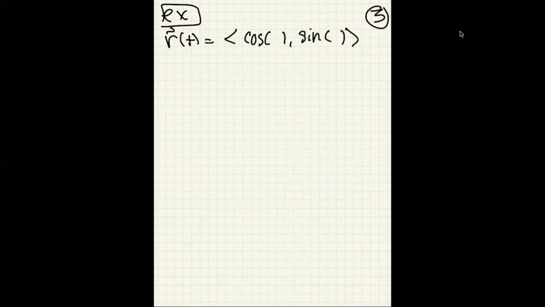We're going to do cosine of t squared, sine of t squared. So this actually moves faster as t increases. I'm going to let t range between 0 and the square root of 2 pi. And the picture that we'll see is the following. Here's that interval going from 0 to the root 2 pi.